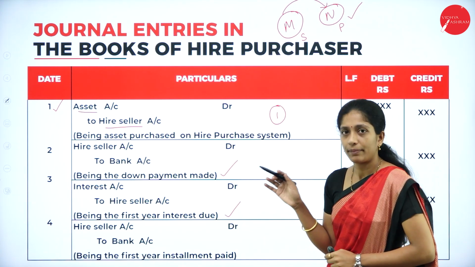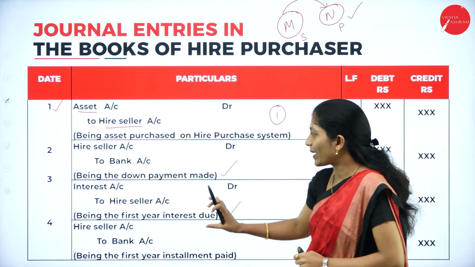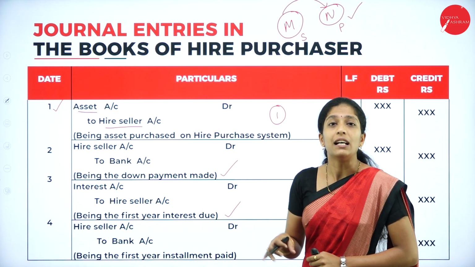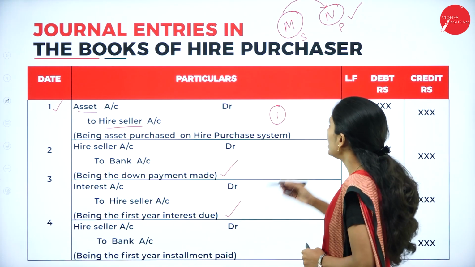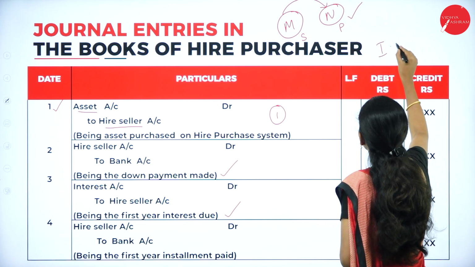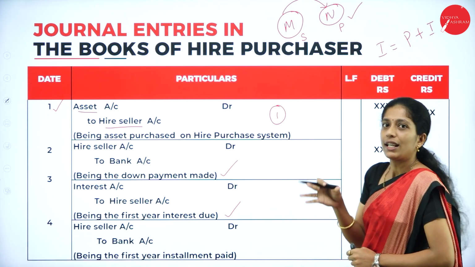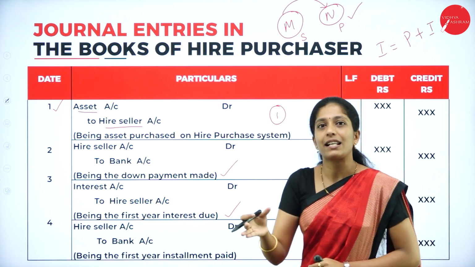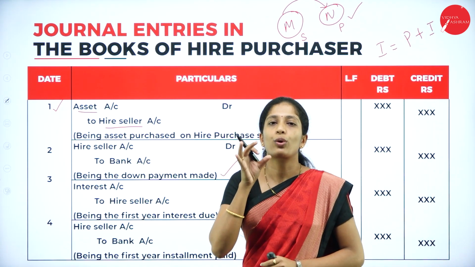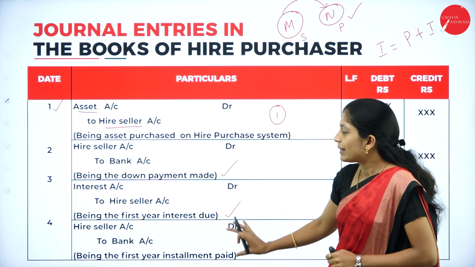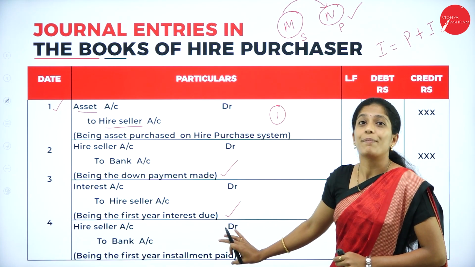And the next one is we have to pay the installment. So we know what is the interest due. Along with interest, we have to make the installment, right? So here installment is equal to principal plus interest. So here principal amount plus interest. So that is the total of installment. Next entry is for installment paid.